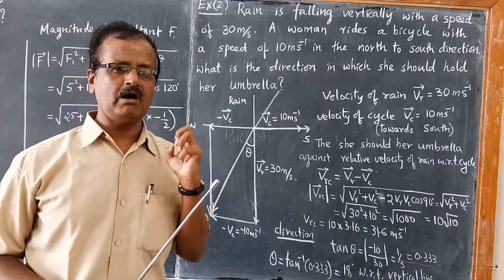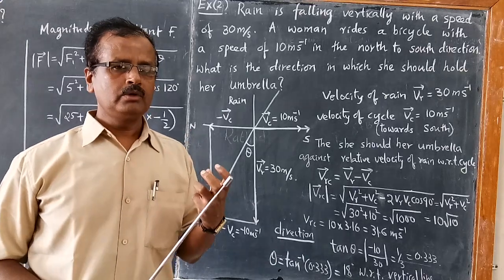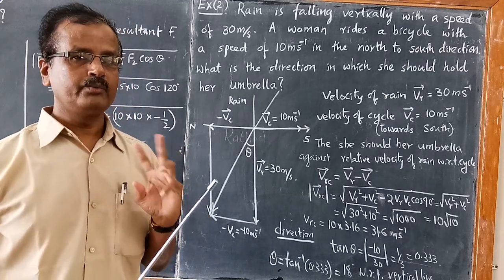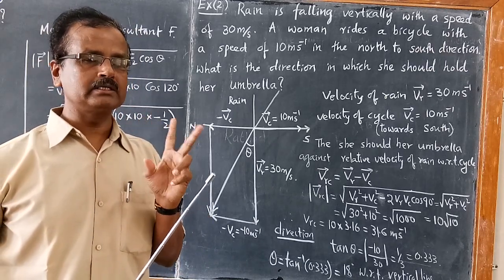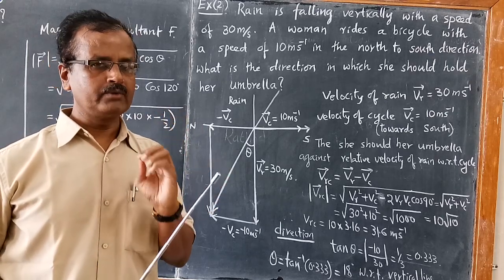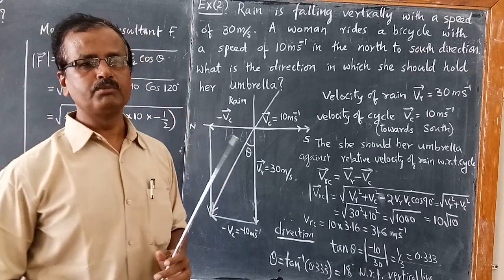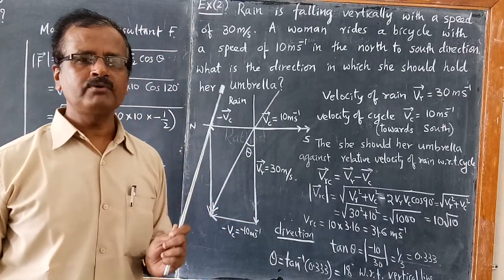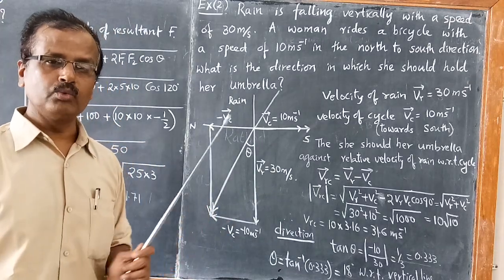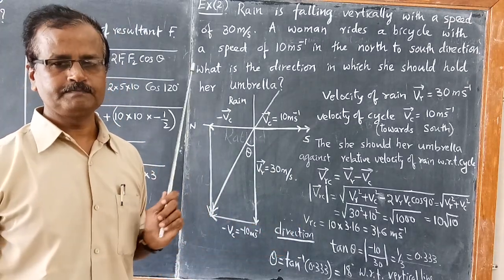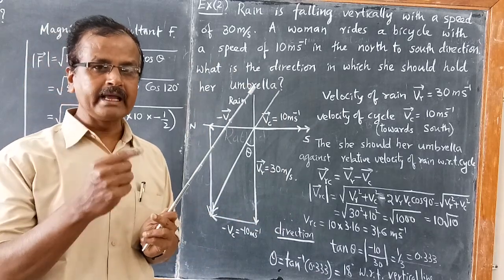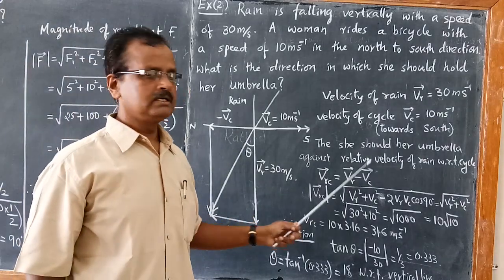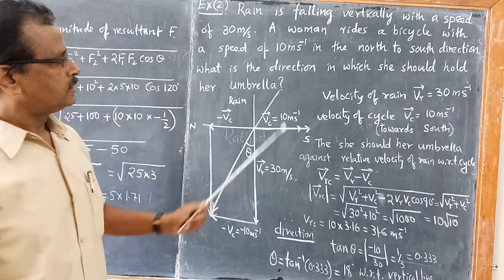Whenever two objects are in motion, we have to apply the concept of relative motion. So she has to hold her umbrella in the direction of the relative velocity of rain with respect to her moving bicycle. That's it. Now let us see.